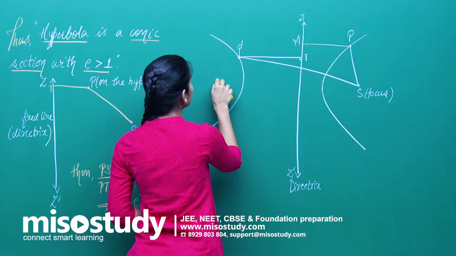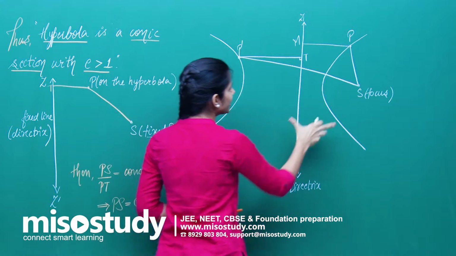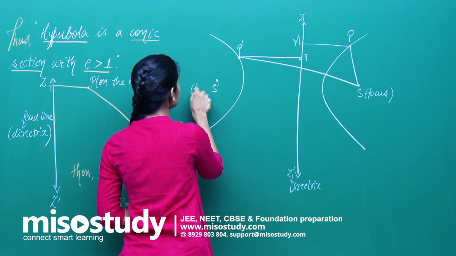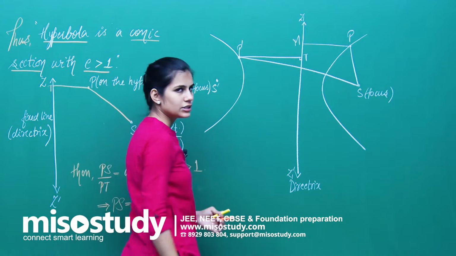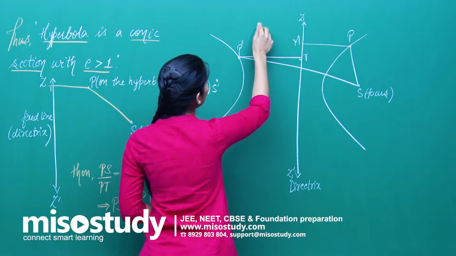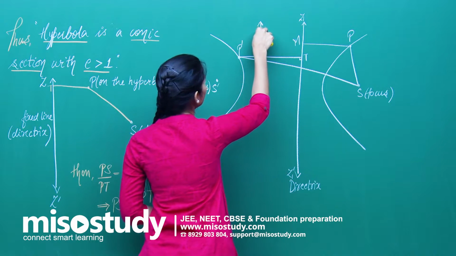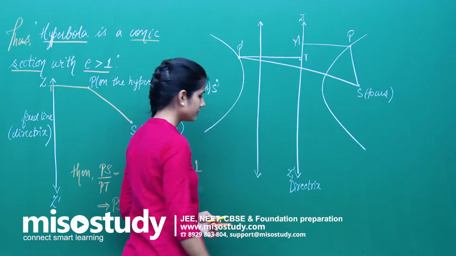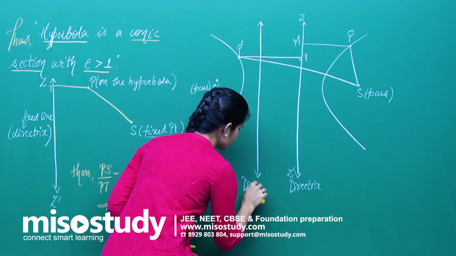I can also take over here, exactly at a similar distance, say S dash as my focus. Suppose I fix this point and say somewhere here is the fixed line. Suppose I say this is my directrix.